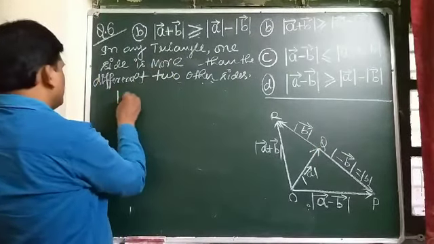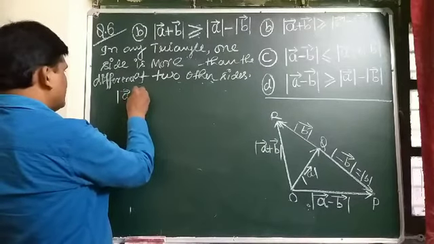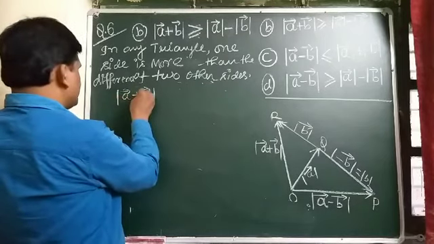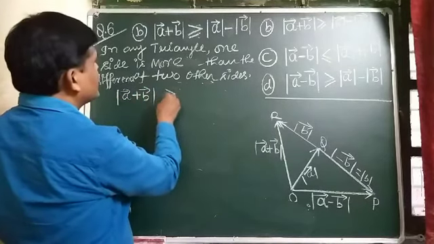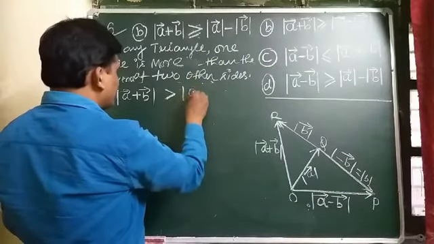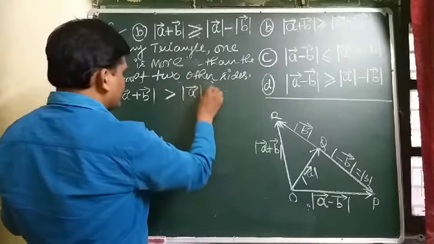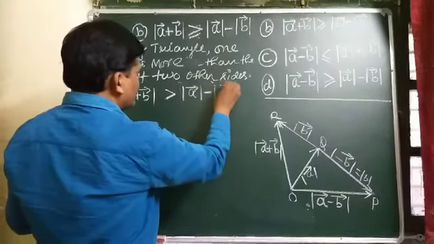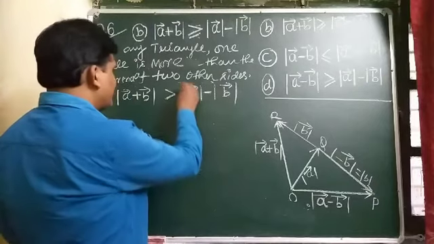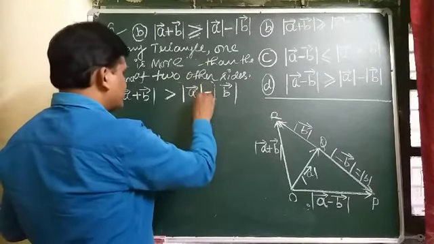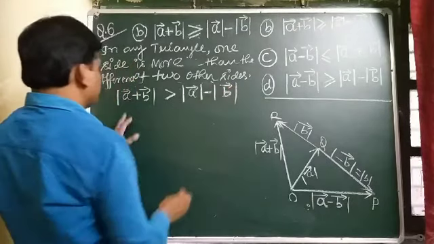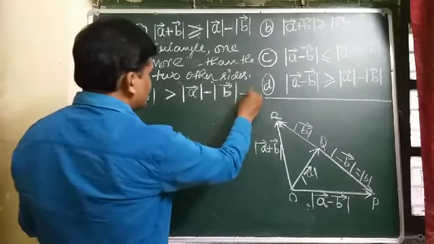So mod vector A plus vector B is greater than mod vector A minus mod vector B, and suppose the magnitude of A is greater than the magnitude of B. So student, this is the first property.